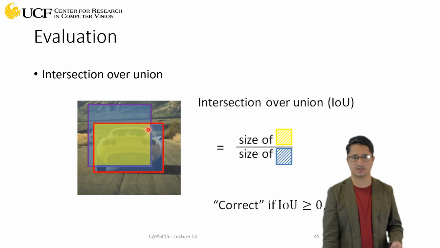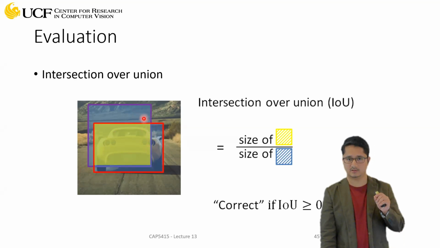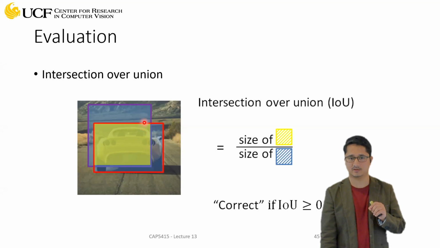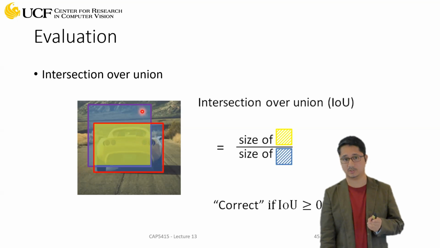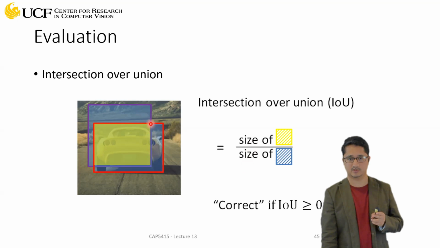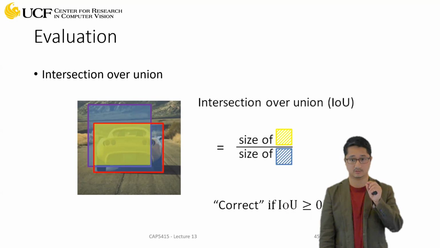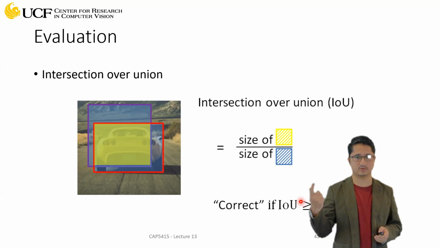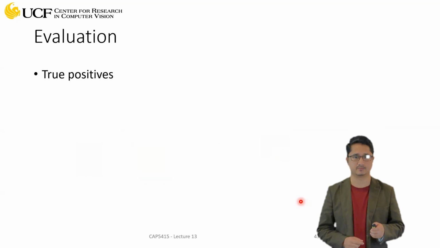You will compute the IOU, and this prediction is correct only in two scenarios. Your class label should be correct, so your algorithm should say the purple box is actually a car, and the IOU score should be greater than 0.5. That's the threshold we are going to use when we do the evaluation.